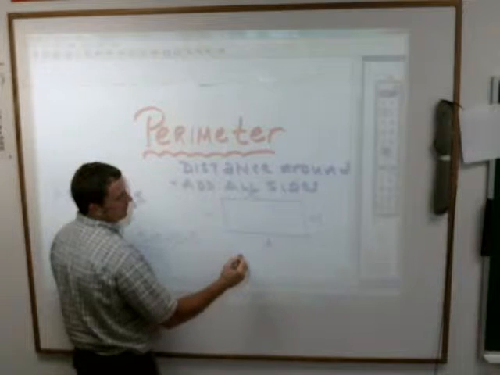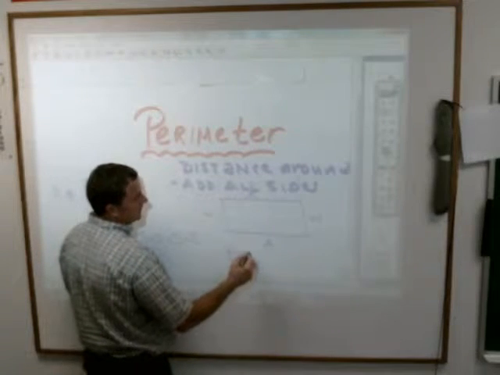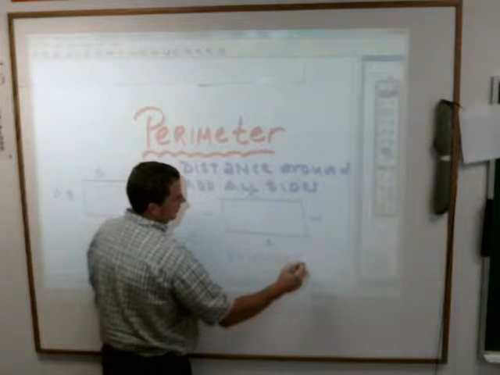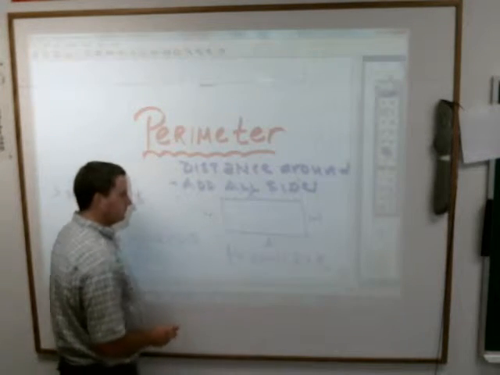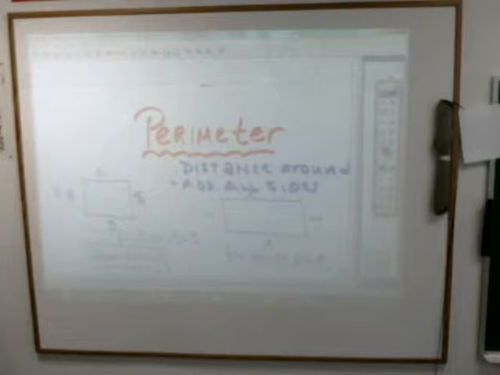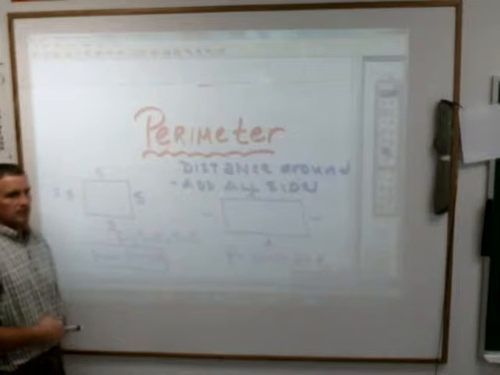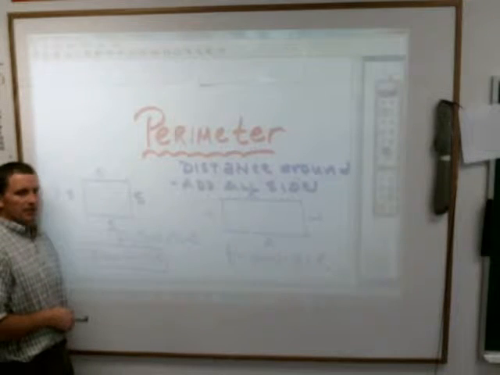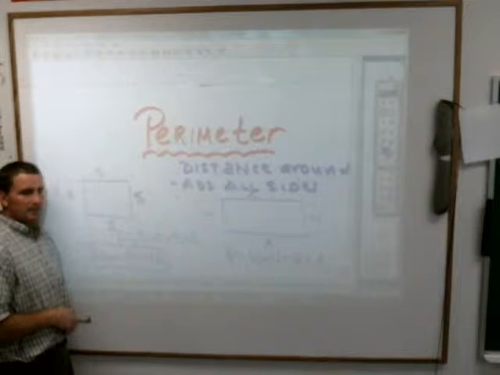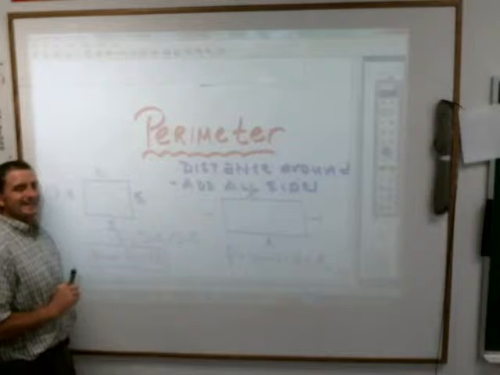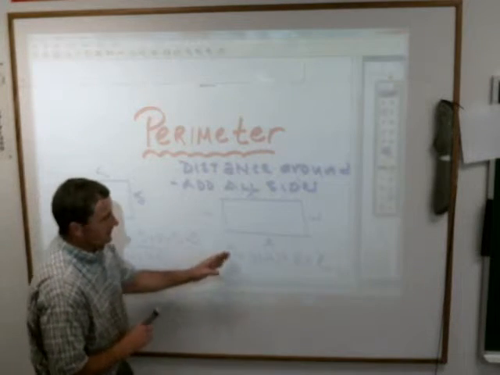So the perimeter of a rectangle would be W plus W plus L plus L. But again in math, we want to try to simplify that a little bit more, so we can kind of put a couple of them together. Alexa is going to say the formula would be... no, that'd be area actually. We're not multiplying anything together right now.